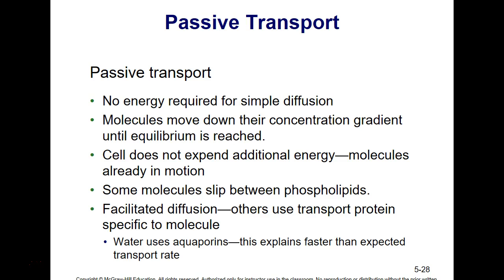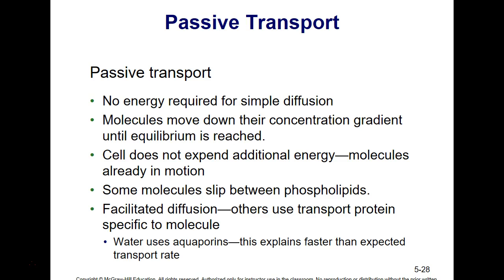So, for example, with facilitated diffusion, which is a type of passive transport, water is going to go from an area of high concentration to an area of low concentration, but water can cross more quickly because it has what you call aquaporins. Aquaporins are transport proteins that will actually allow molecules to cross the selectively permeable membrane more quickly and more effectively.